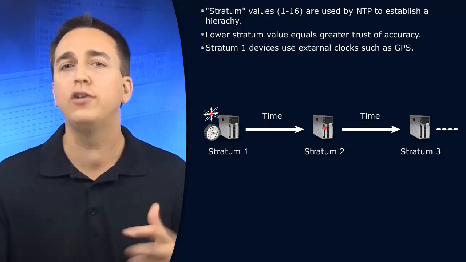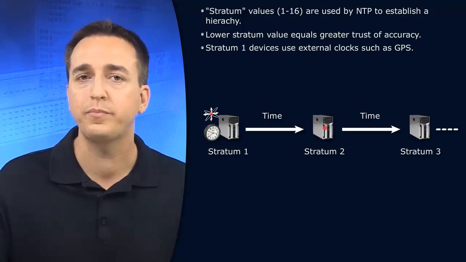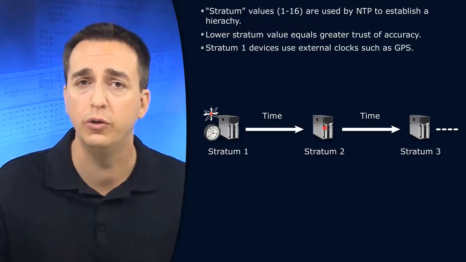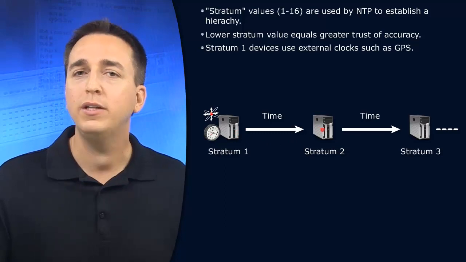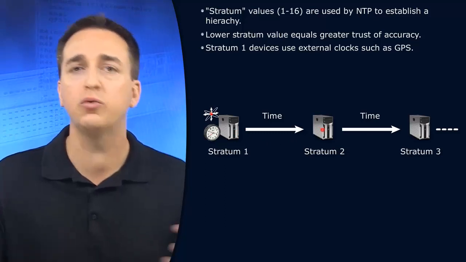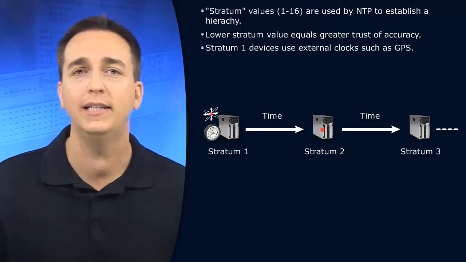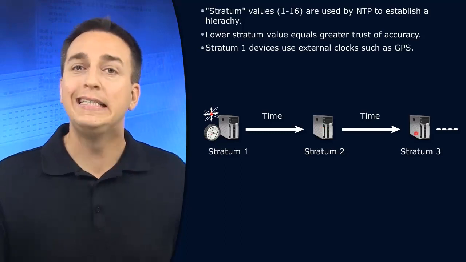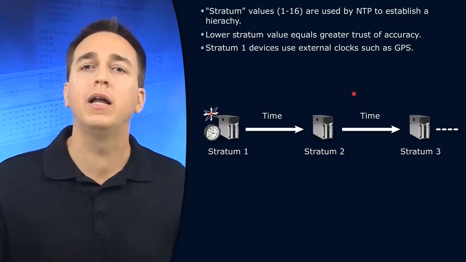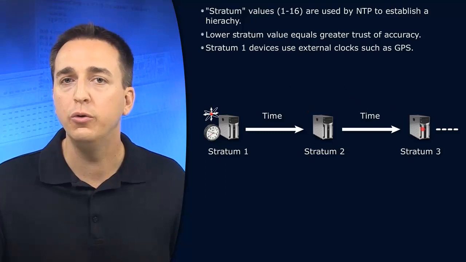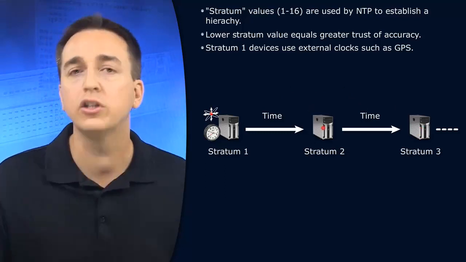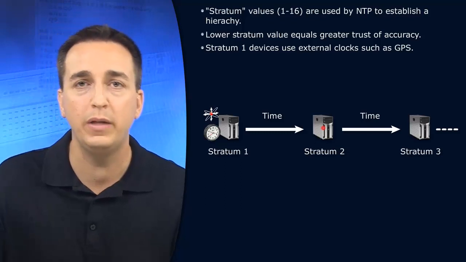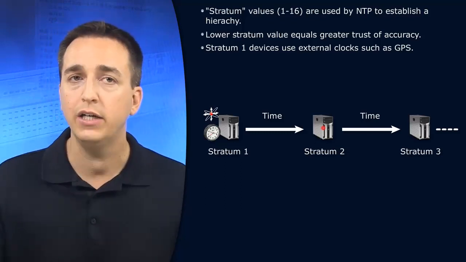So let's say this is an edge router in our network. Just as an example, it is now a stratum level of 2. It received its time from this server. Well, what about the other servers and routers and switches and components in our organization? Well, we could either synchronize up to the stratum level of 1 and become a stratum level of 2, or we could synchronize up to that edge router in our organization, or that other server that is now the NTP trusted source in our organization.